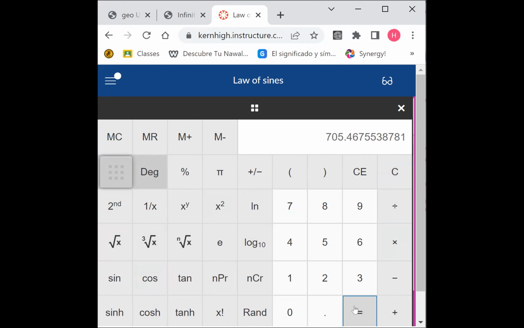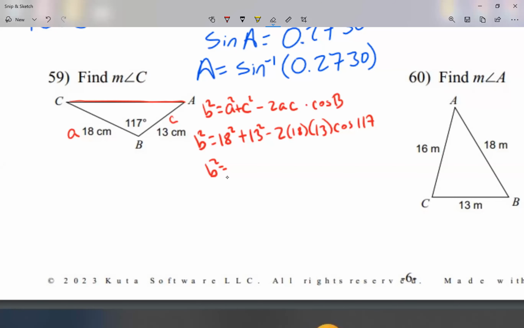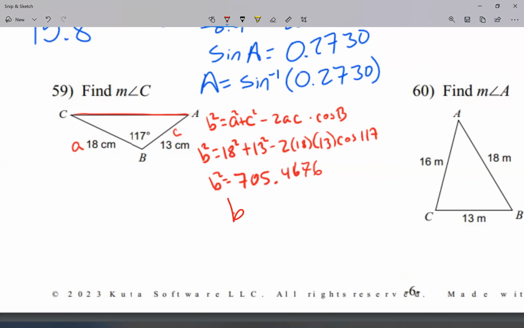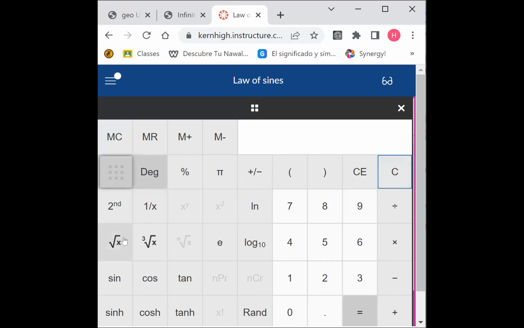So that's 705.4676. B is the square root of that. 26.5606.